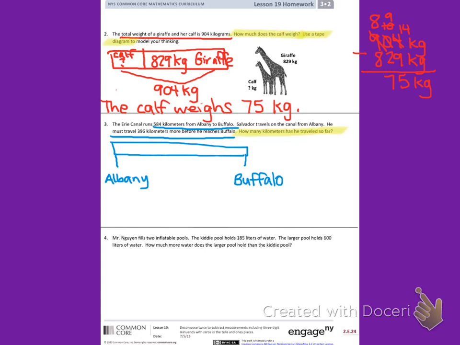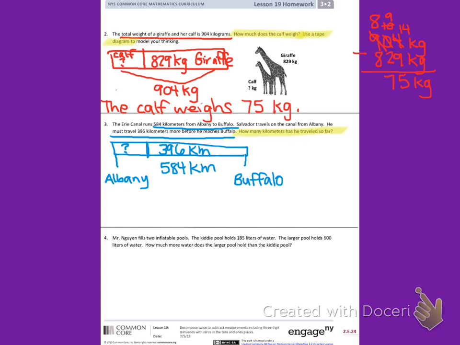The total from Albany to Buffalo is 584 kilometers. If Salvador started at Albany and he's headed to Buffalo, he still has 396 kilometers to go until he gets to Buffalo. This amount that he's traveled right here, we don't know, so I'll put a question mark there.